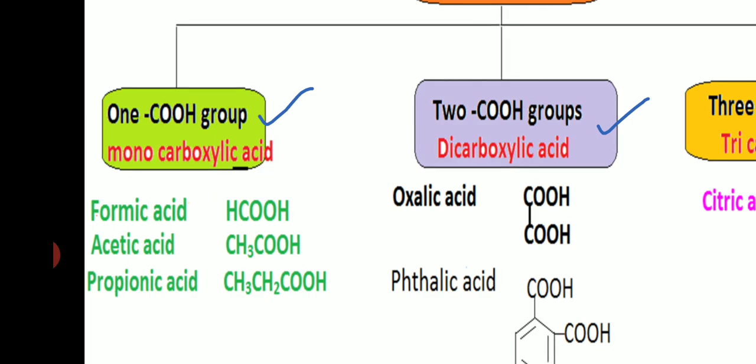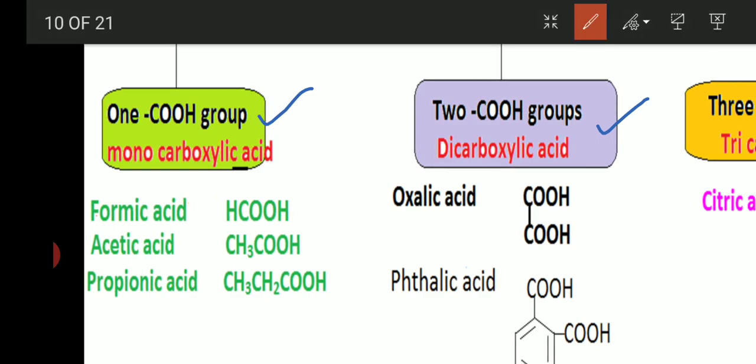Now we shall see monocarboxylic acids. We know them already. Up to now, whatever we have read, in the previous session of nomenclature and in the present session on derivatives, were mainly monocarboxylic acids.